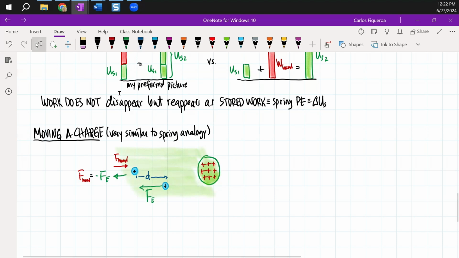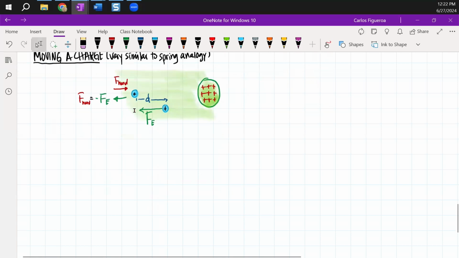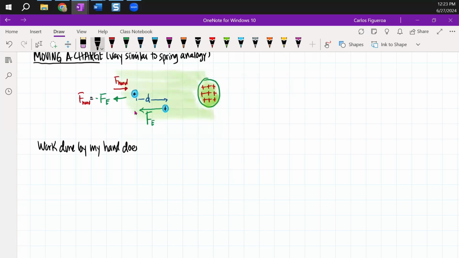So then I play the same role that I did before. So then what do I see? I see that the work done by my hand is positive work, since the force of my hand and the displacement are in the same direction.